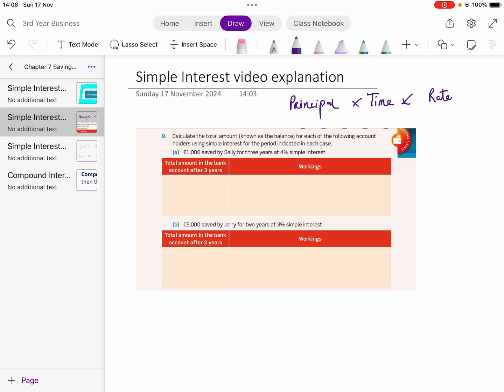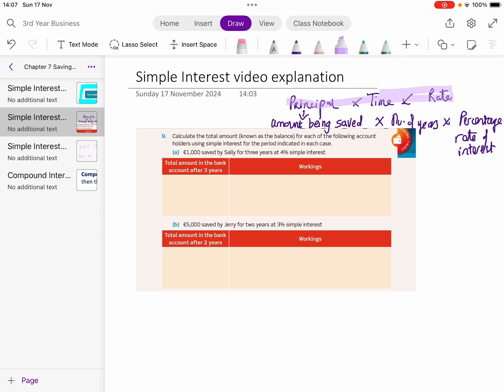If I'm to talk about what each of these means, my principal is just the amount being saved, multiplied by the number of years, multiplied by the percentage rate of interest. But we're going to just focus on principal by time by rate because it's much easier to remember as a formula.